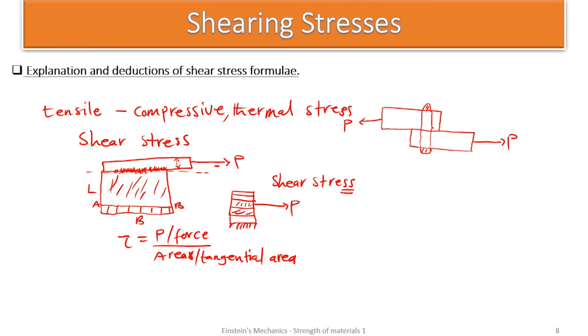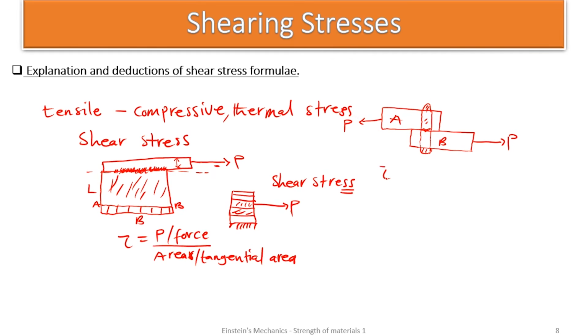So eventually one of the bars will tend to slide over the other, and at the end I'm going to have a sliding bar, or when this force is greater than the force inside the rivet, it's going to break at this area, and this whole bar A will slide on the surface of bar B. So if I want the shearing stress at the point of contact, I'm going to take this force.